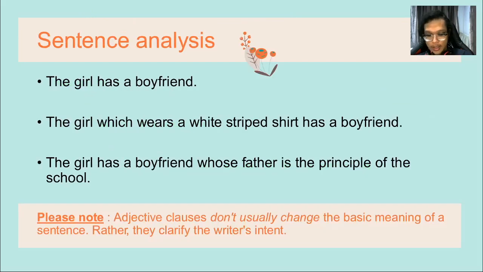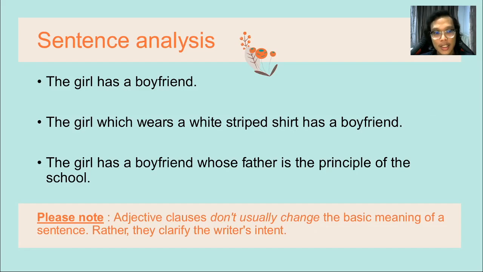Okay, so here I will give you some more examples so that you can understand when we use an adjective clause, or the conjunction, in this case called a relative pronoun, to modify the noun that we want. For example, if we look at this screen, we have three sentences.